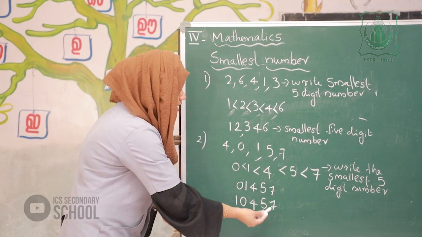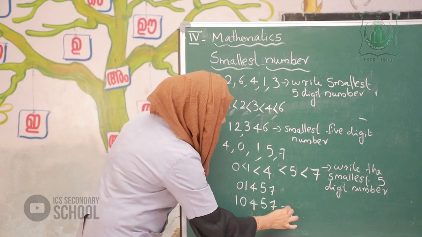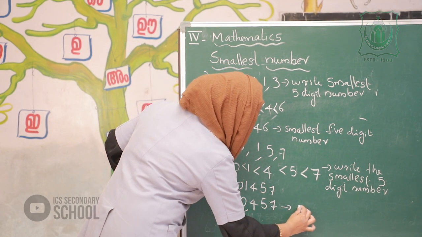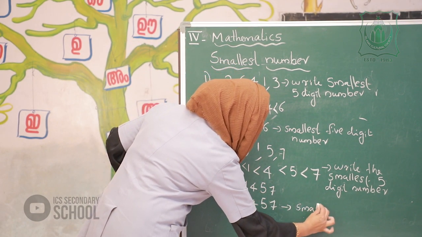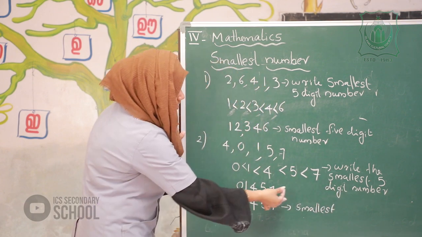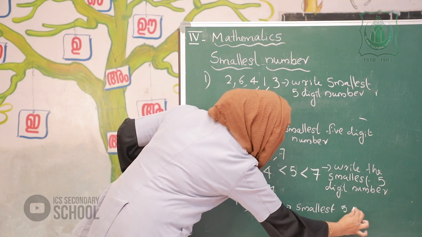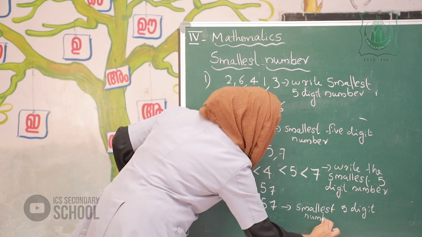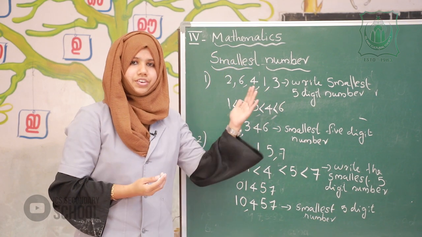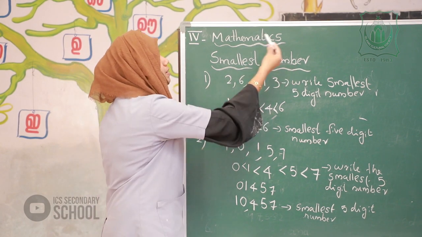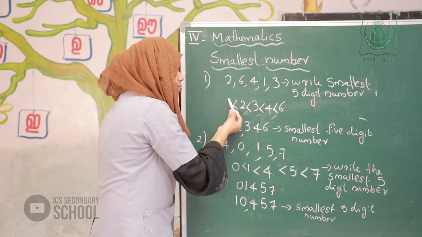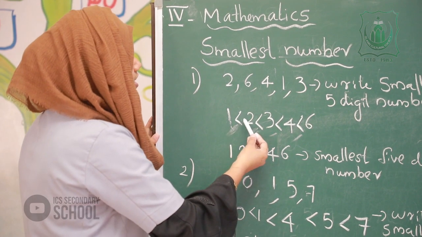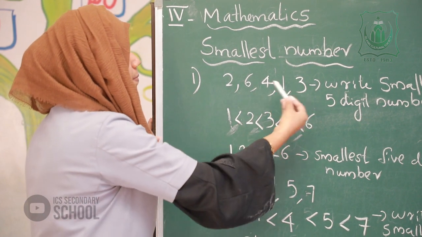So 0 comes as the second digit. How to read this number? 10,457. It is the smallest. How many digits? Yes, 5-digit number. In the case of forming the smallest number, write the smallest digit first, then the next larger number like that.